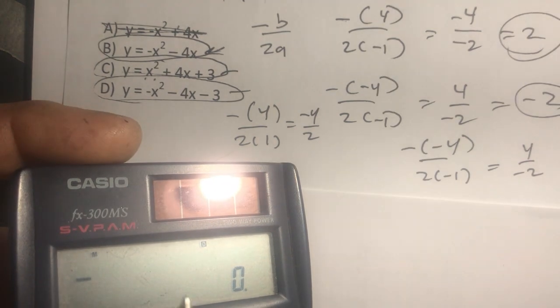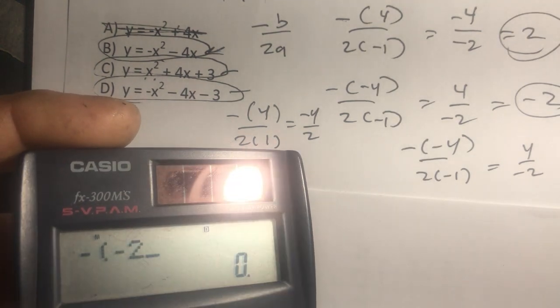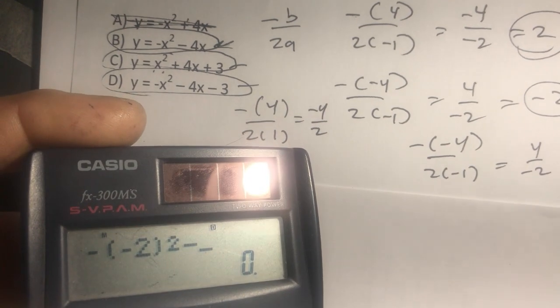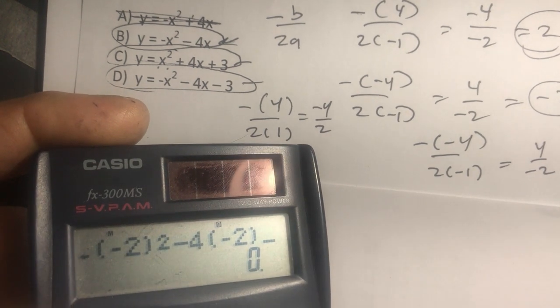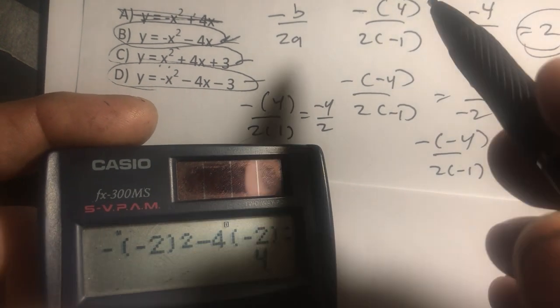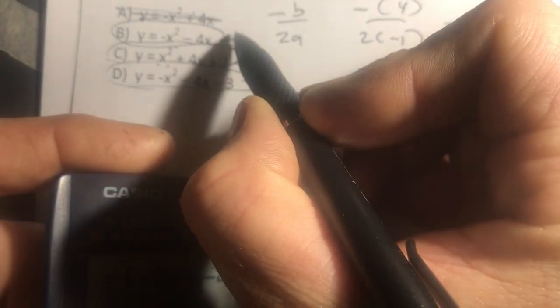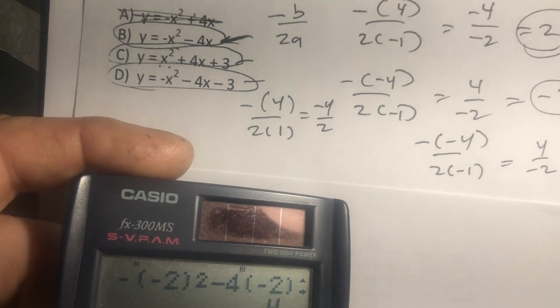Now don't mess up. Negative, and then in parentheses negative 2 squared, minus 4 times, and then in parentheses negative 2 again. What did I get there? 4. Look here, that's a 4. That's it. It's this one. It sure is.